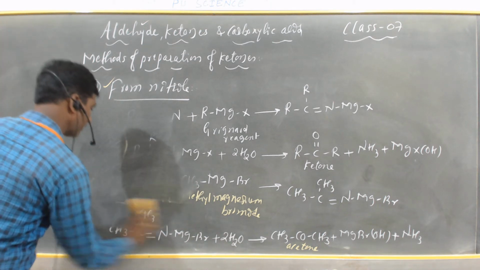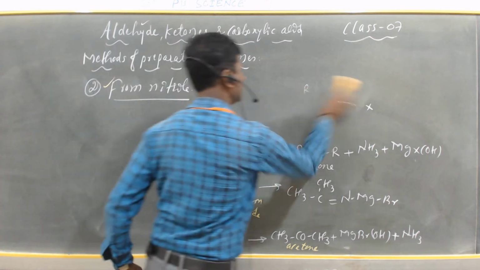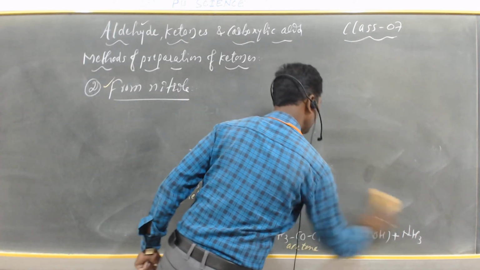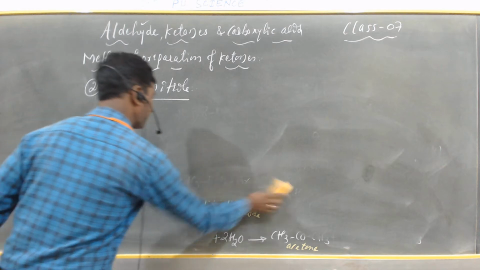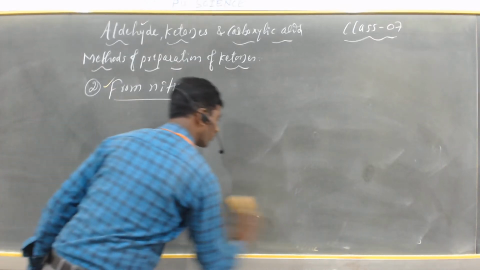The first example we have taken was CH3Cl. Now the second example, from nitrile.